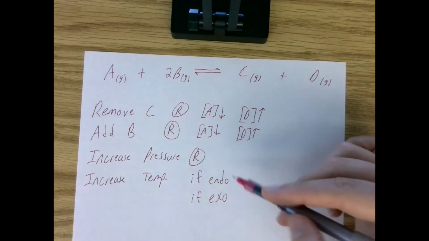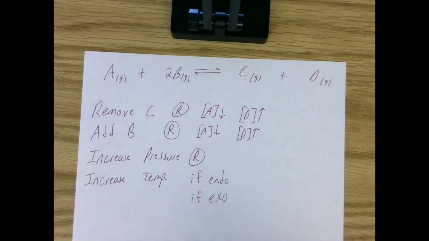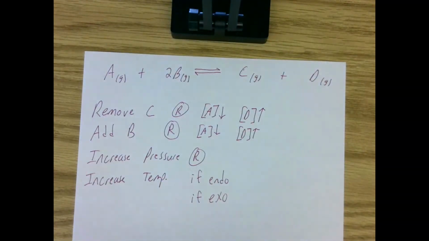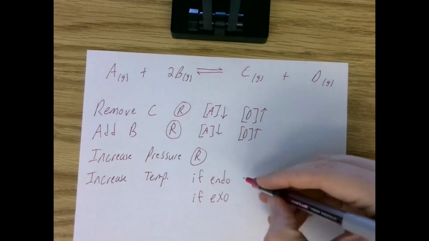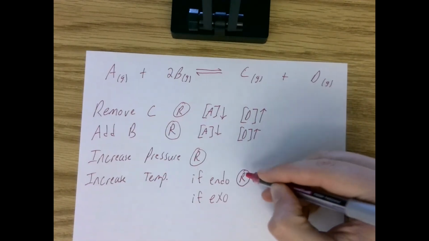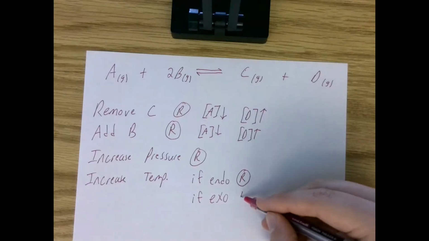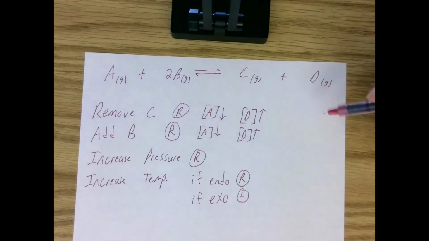So if it's endothermic, is energy a reactant or a product? Reactant. So if I add reactant, do I shift to the left or the right? The right. Then if that's correct, exo has to be what? Left. Well, let's look at it. So if energy is over here and I add energy, will it shift to the left? Yes. Okay.